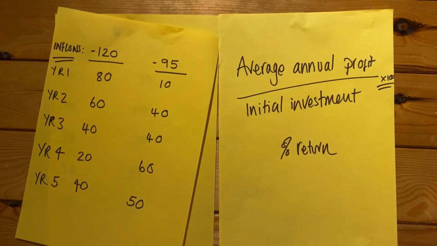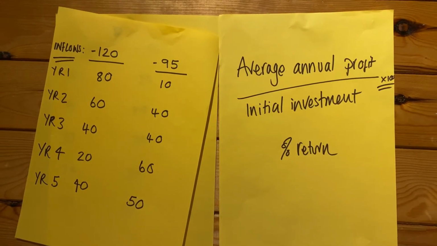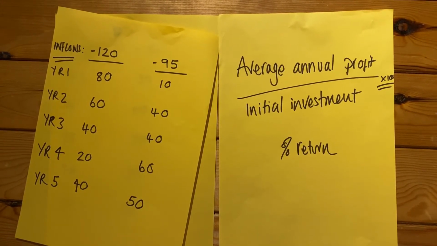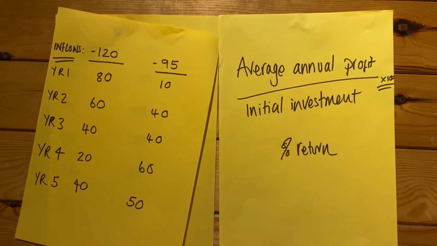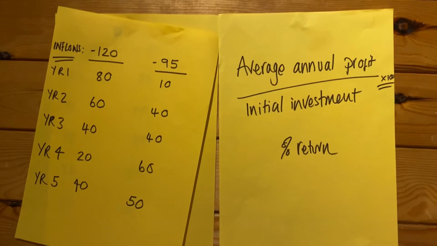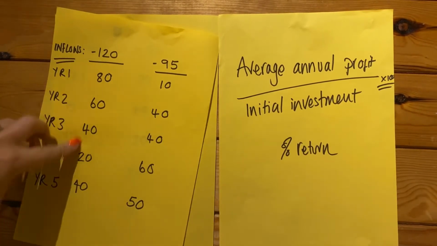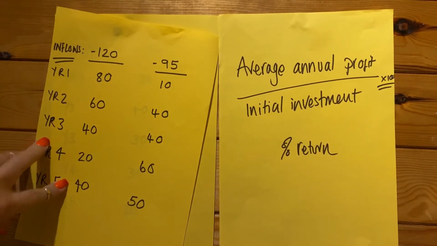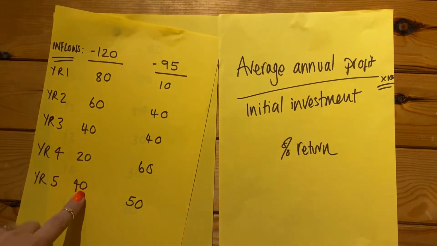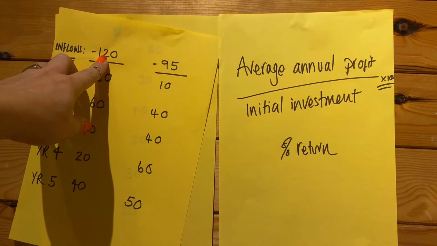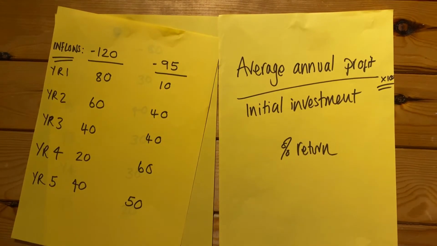First of all, we need to work out the average annual profit. So what we need to do first is work out the profit. We're going to add up all of these figures here to work out our total inflows, and then take away our outflows to give us the profit.